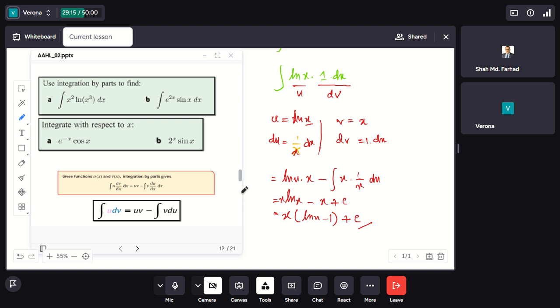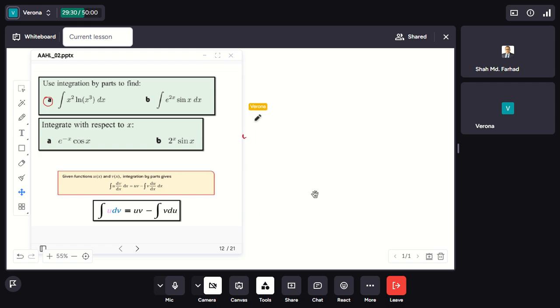Now here, number A is integration by parts. Try number A. I think here you will need to use substitution also. Integral x square ln x cube dx.